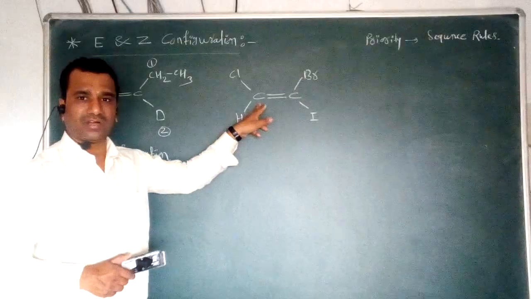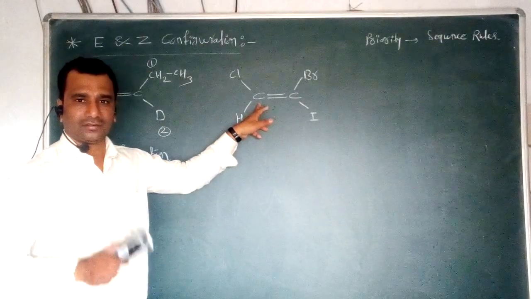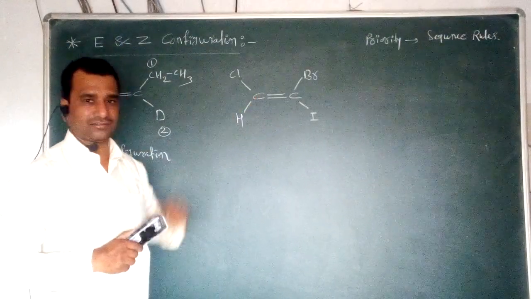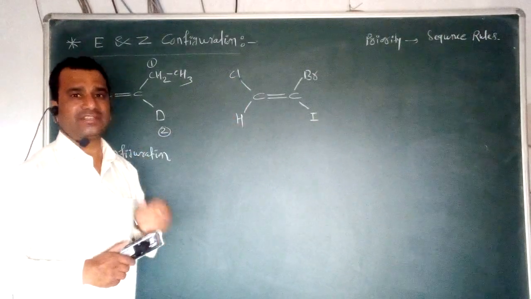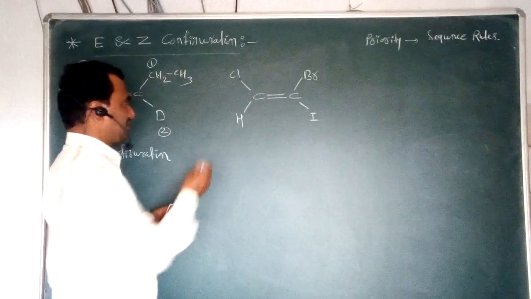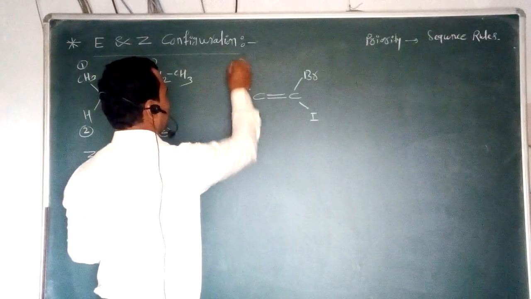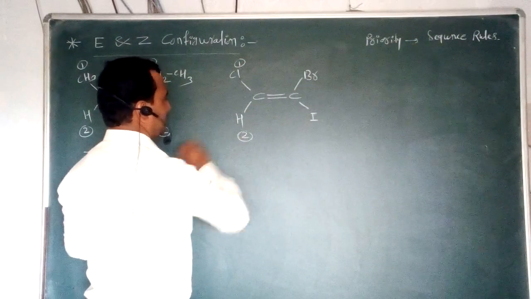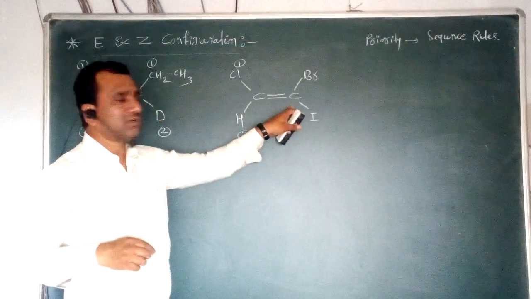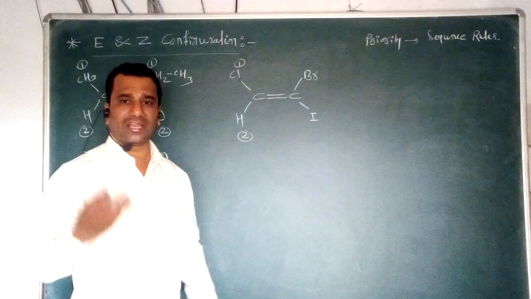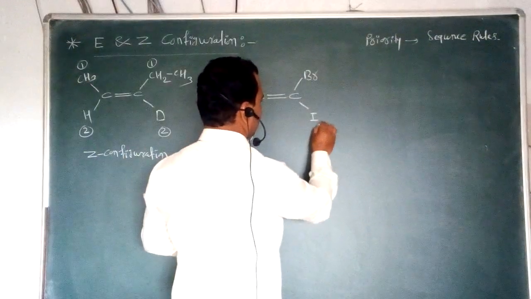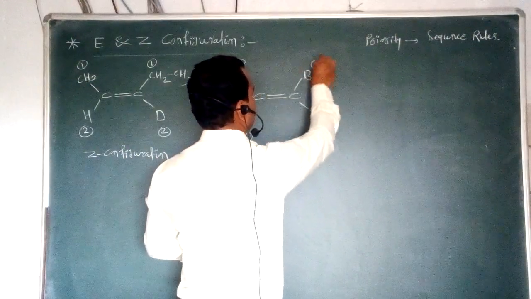So first of all we have to assign the priority of the atoms attached to the first olefinic carbon. If we compare this chlorine to the hydrogen, the atomic number of chlorine is more than that of the hydrogen, so it gets the highest priority as first. This hydrogen gets the second priority. If we look toward the second olefinic carbon, comparing bromine and iodine, this iodine has the higher atomic number, so it gets the first priority, and this bromine gets the second priority.